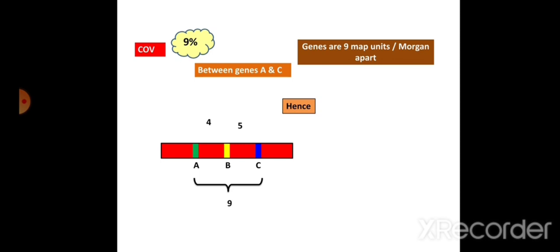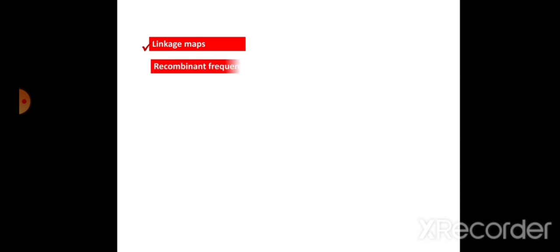Therefore the distance between A to C will be 9. So this clearly indicates that genes are arranged linearly on the chromosome. So like this we are going to construct what? A linkage map. So linkage maps have a very beneficial role. They are helpful in preparing the genetical maps in the Human Genome Project concept.